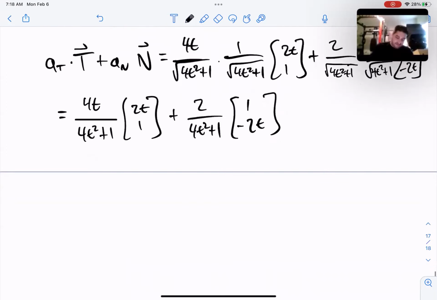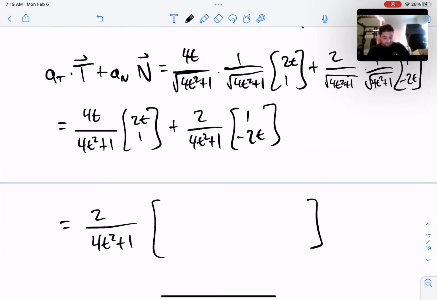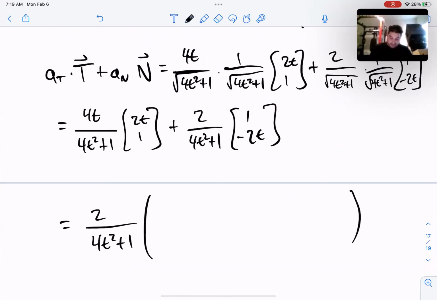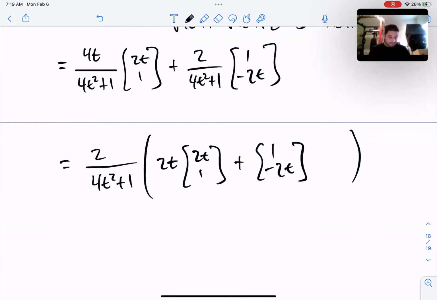Now I'm going to factor out what these have in common. The big common factor here is 2 over 4t squared plus 1. What does that leave us with? It leaves us with 2t as the scalar for the first vector, and the second expression was just that 2 over 4t squared plus 1.